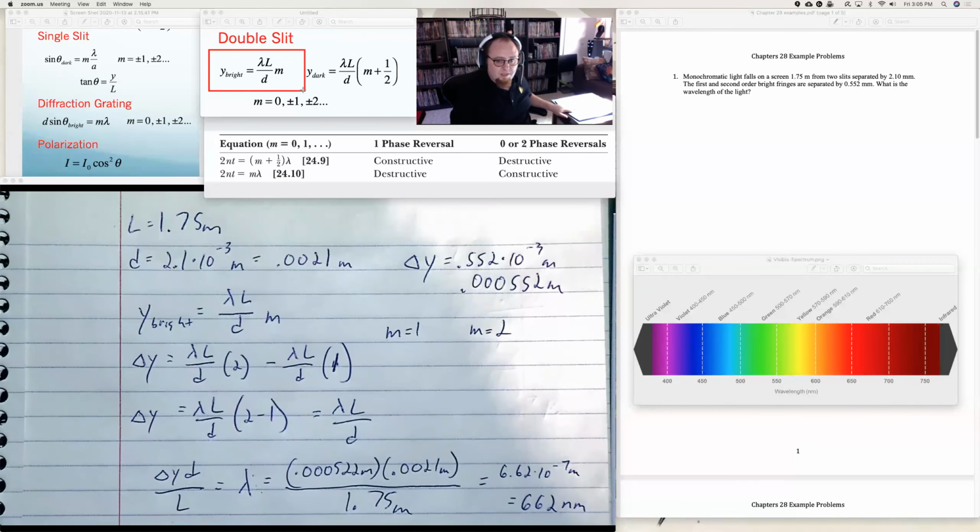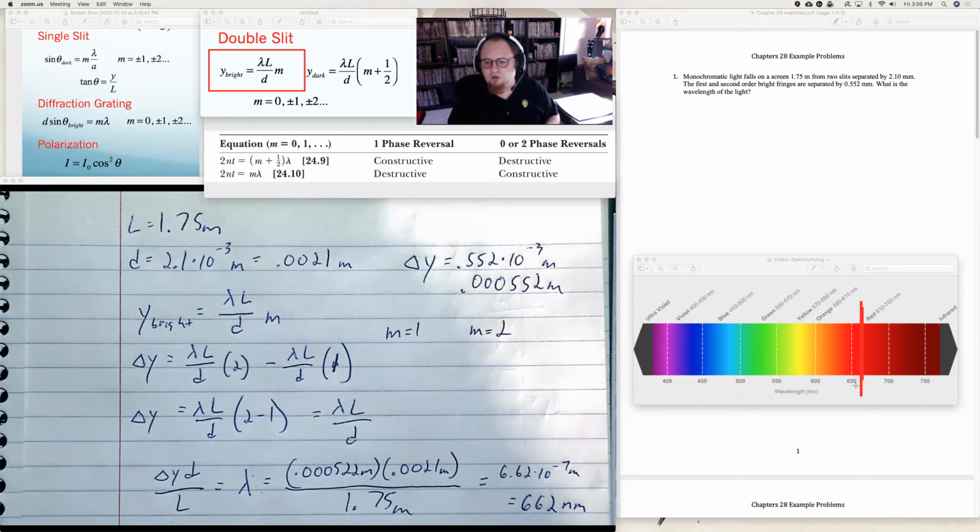And so I say this has to have a wavelength of 662 nanometers, which is in the red pretty heavily. It's right about here on that wavelength. For the record, a helium neon laser, like the most common red laser pointer, is 632.